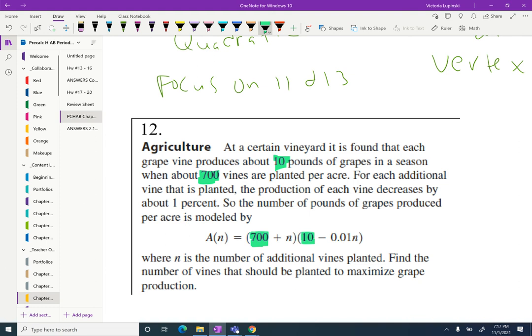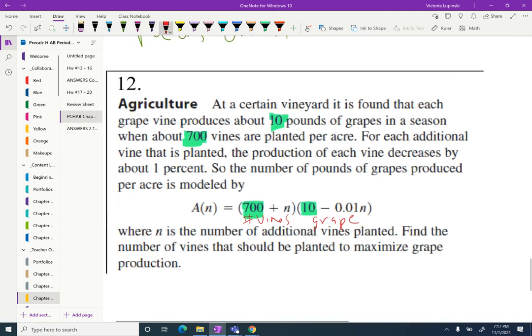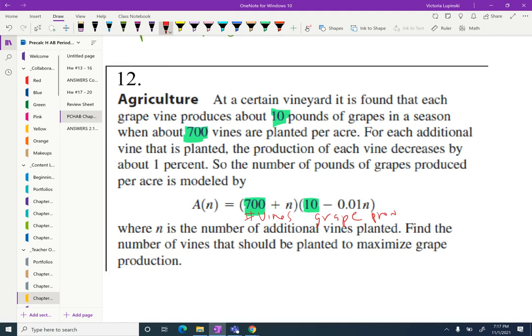So that's why you have 700 in the first one and you have 700 and you have 10 in the other one. This first parentheses represents the number of vines, and this second parentheses represents grape production.